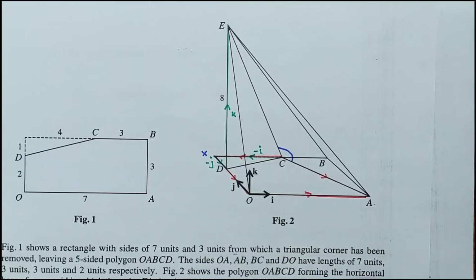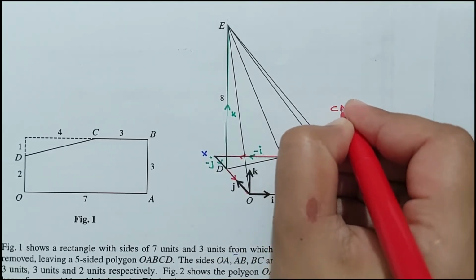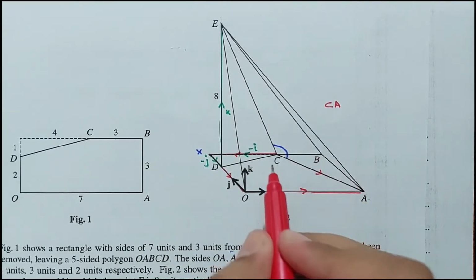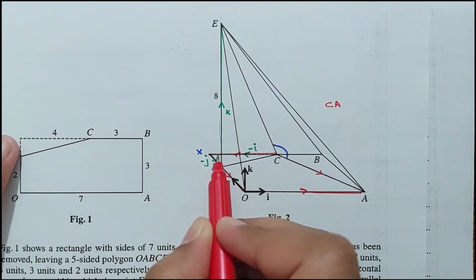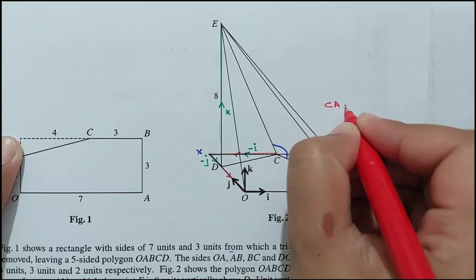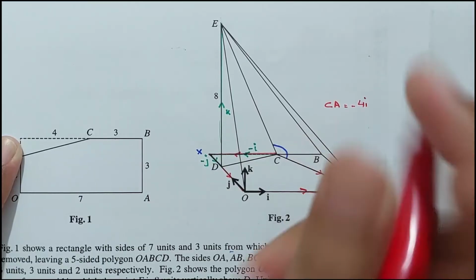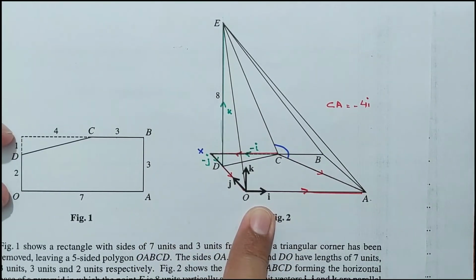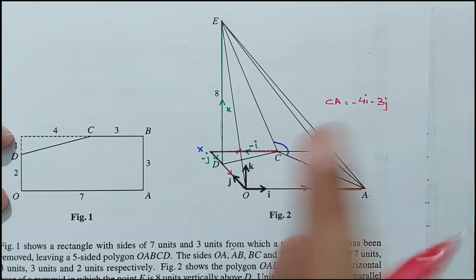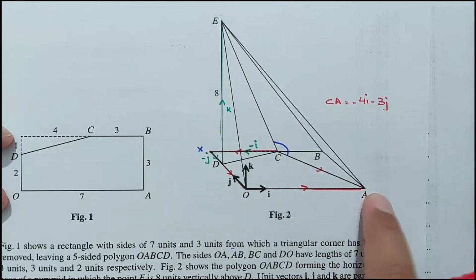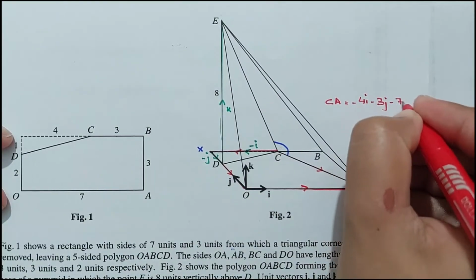Okay, let me find out CA over here. C to A is C to X, this is 4 minus 4i. X to O, this length is 3, so minus 3j. And O to A, this length is 7 and minus 7i.